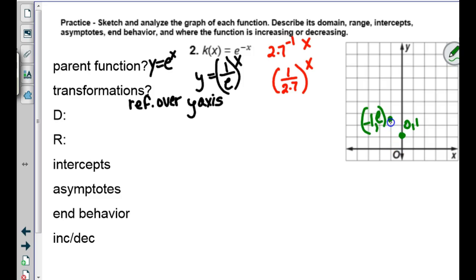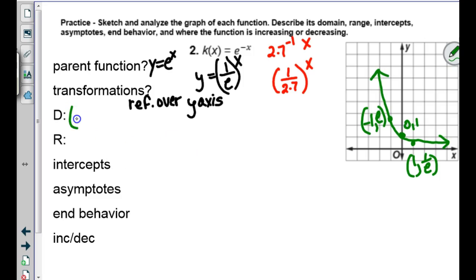I just wanted to put 1 point on there that was in terms of e. And then if you went over here at 1, you would have 1 comma 1 over e if you wanted to label it. But this is the idea.